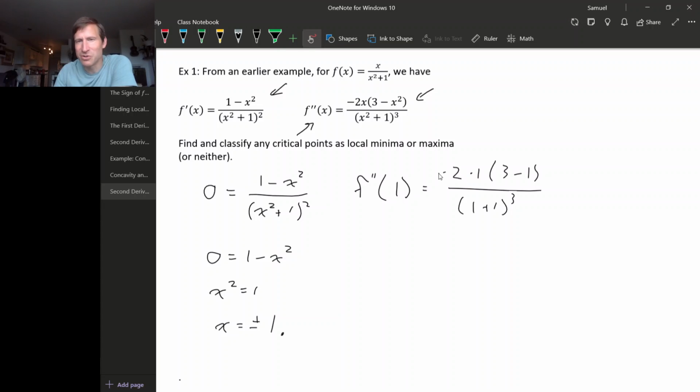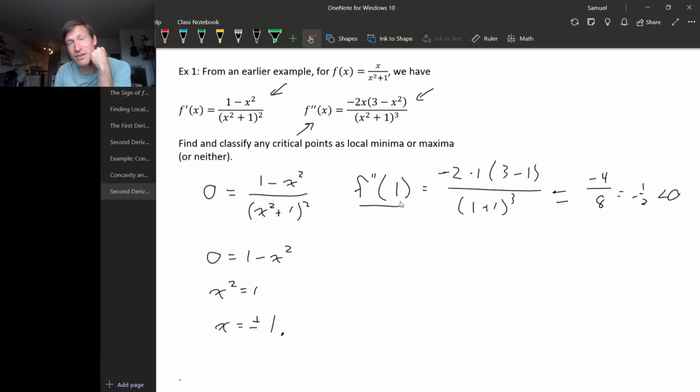Now we don't really need to work out all of this arithmetic to know whether this is positive or negative, but if we do work it all out, it's going to be negative 2 times positive 2, so negative 4 in the numerator, and in the denominator it looks like we get 8, so minus a half. And that's less than 0.